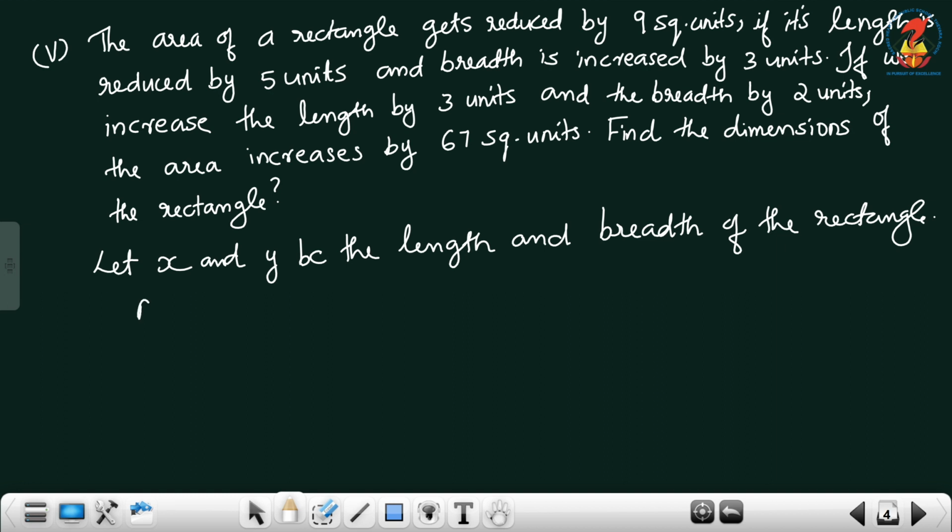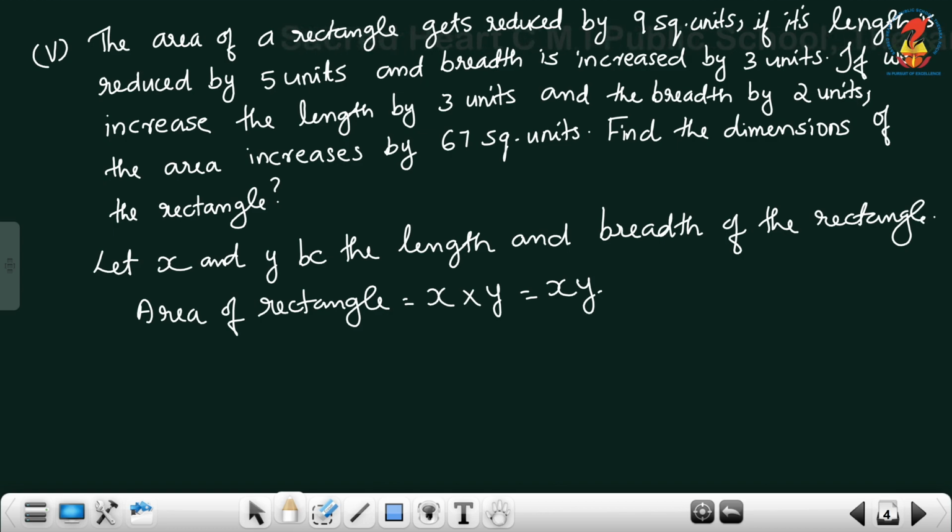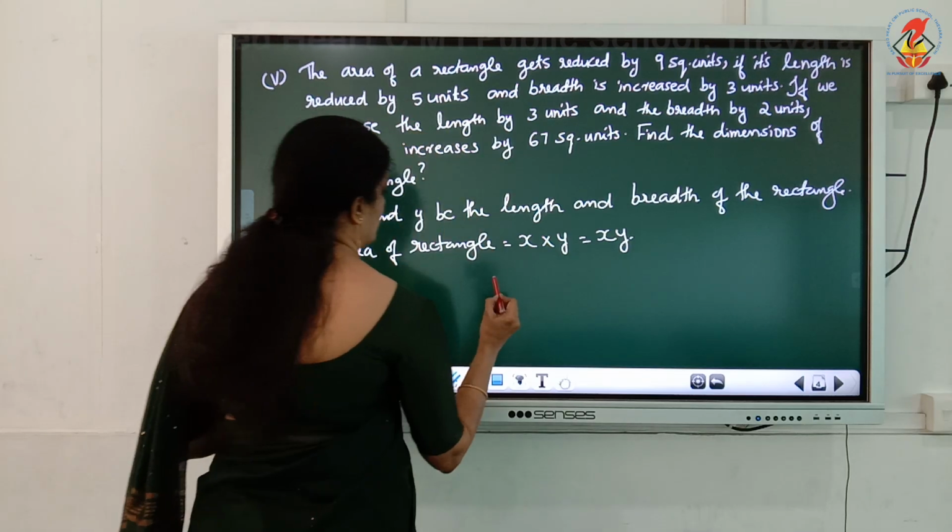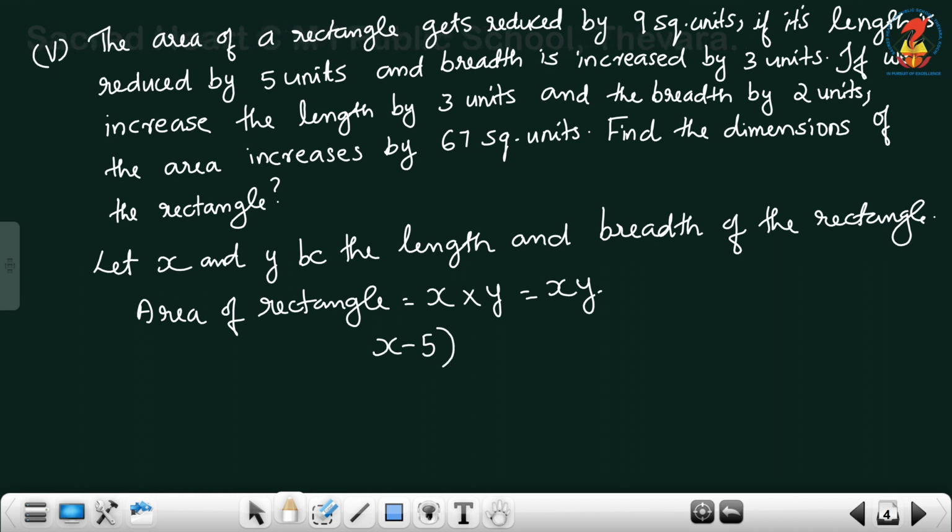Area of rectangle equal to x into y, equal to xy. Here, if its length is reduced by 5 units, that means x minus 5, into, next increased by 3 units, y plus 3, equal to xy minus 9.